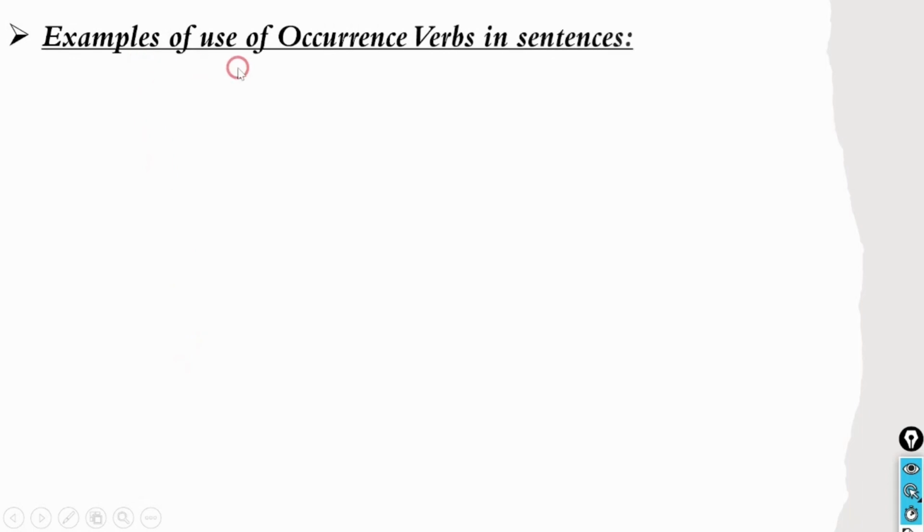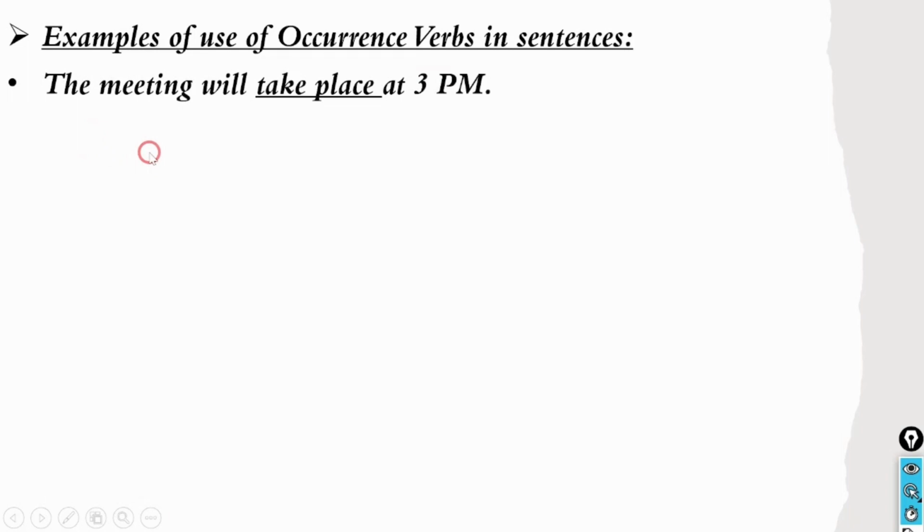Then we'll look at examples of use of occurrence verbs in sentences, like the meeting will take place at 3 p.m. The meeting will take place at 3 p.m. So it is indicating when the event is going to happen. Okay. So the event will happen at 3 p.m., especially that it is going to happen in the future.